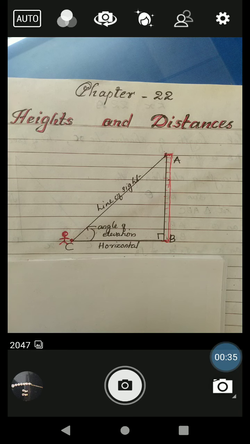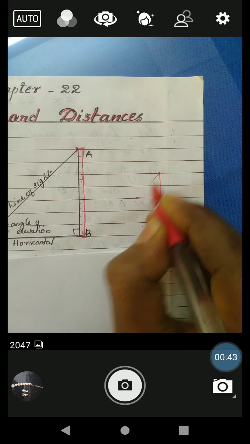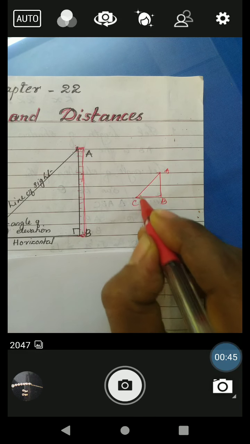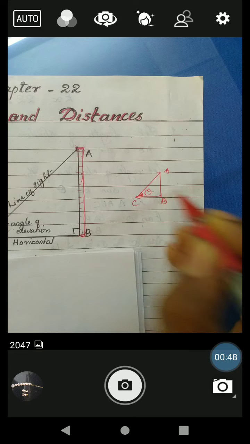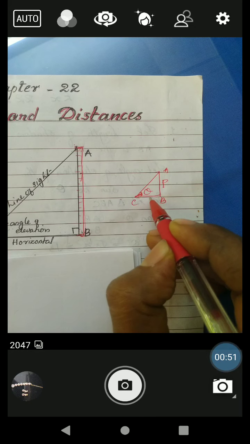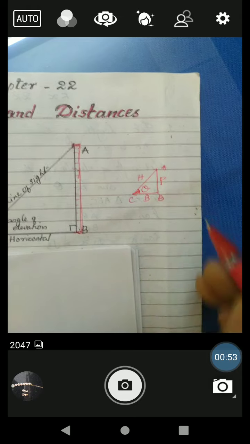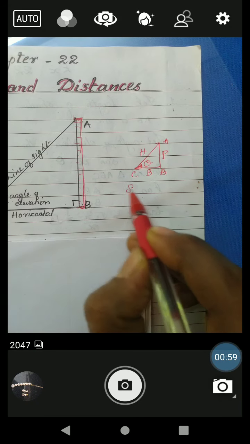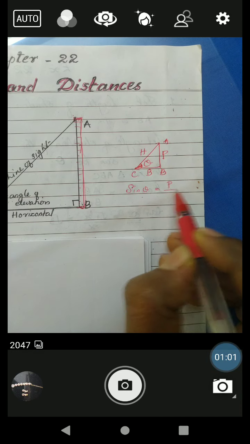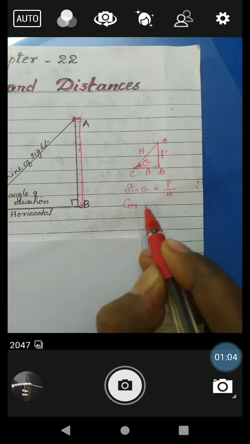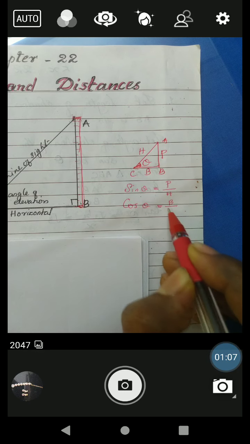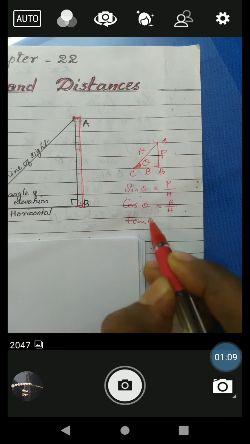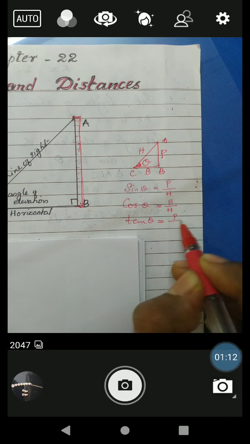In a right angled triangle ABC, according to one angle, suppose this angle is theta, this is perpendicular, this is base and this is hypotenuse. So remember all trigonometrical ratios: sin theta is equal to perpendicular by hypotenuse, cos theta is equal to base by hypotenuse, and tan theta is equal to perpendicular by base.